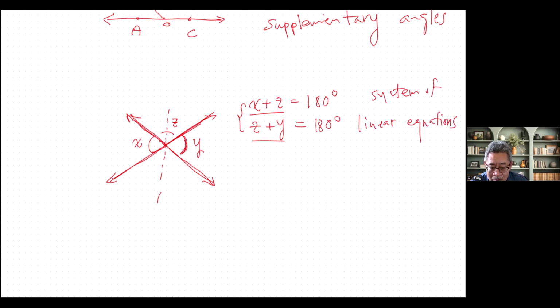We get x minus y equals 180 minus 180, which is 0. Well, if two numbers minus each other is 0, then these two numbers have to be equal. So that's how we can prove that the vertical angles are equal.